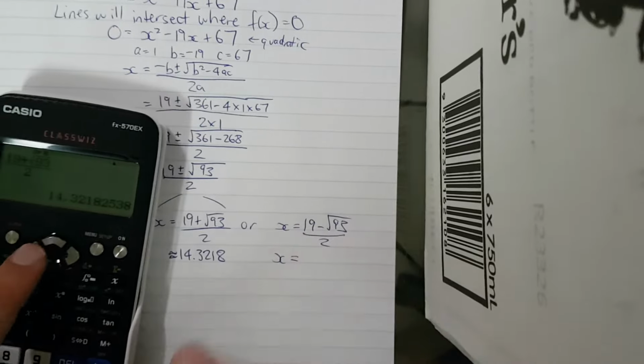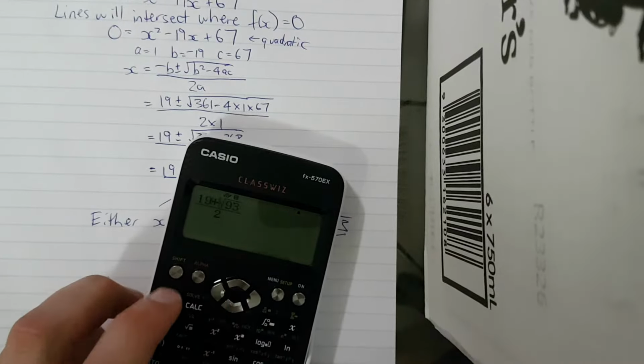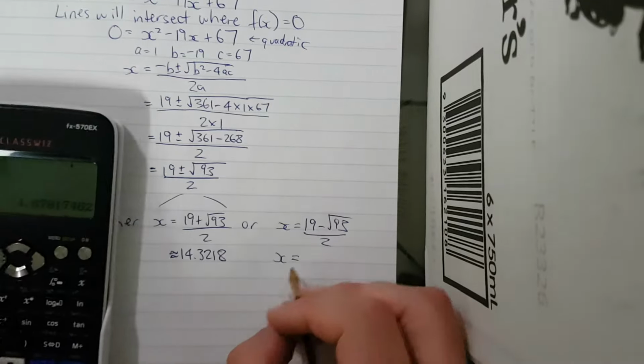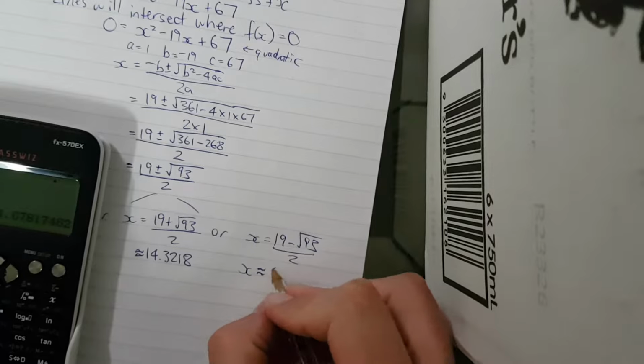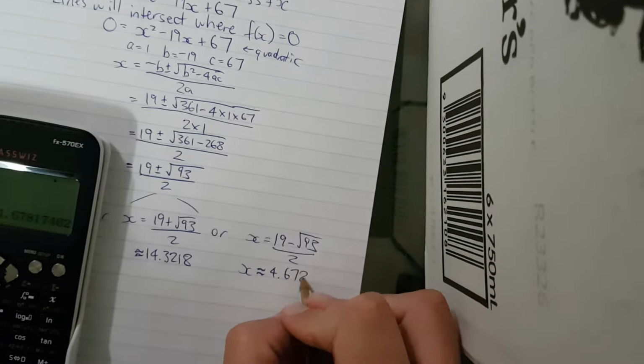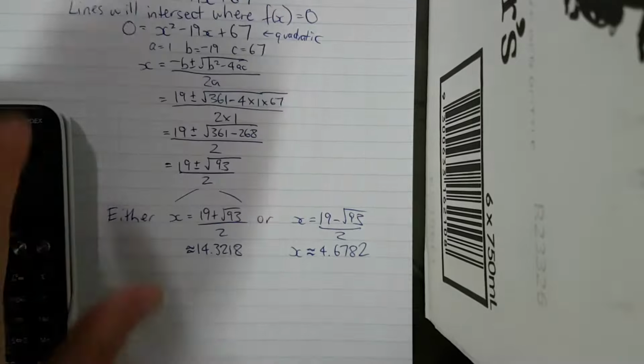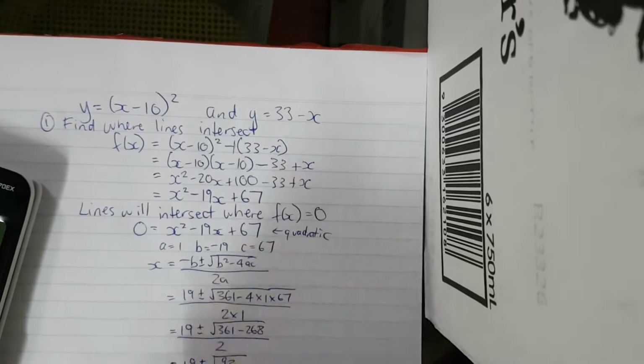Or on this side, change that to subtraction, gives us approximately 4.6782. So guess what? That's where our two original lines back up here are going to intersect.